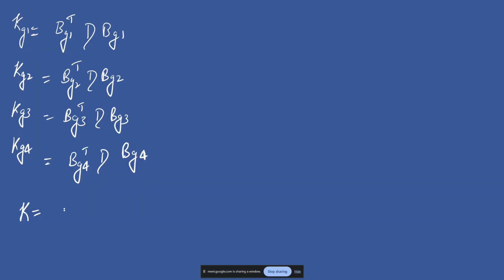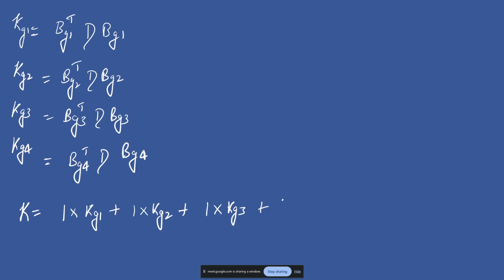Definitely your final k matrix is 1 into kg1 plus 1 into kg2 plus 1 into kg3 plus 1 into kg4. So this is the final stiffness matrix you will get.